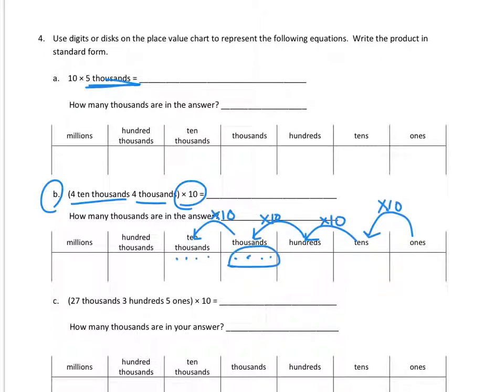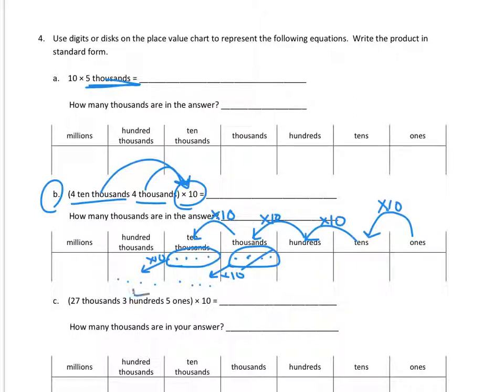I can say these 4,000s times the 10 are going to become worth 4 10,000s. And these 4 10,000s I started with times 10 will become worth 400,000s. Because every time I times 10, I increase the place value of the digits by 1 place.